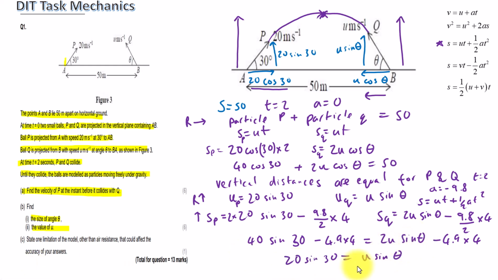Now can we see we've got a u sine theta here? Can we make this divide by 2 both sides? So we're going to get 20 cos 30 plus u cos theta equals 25.